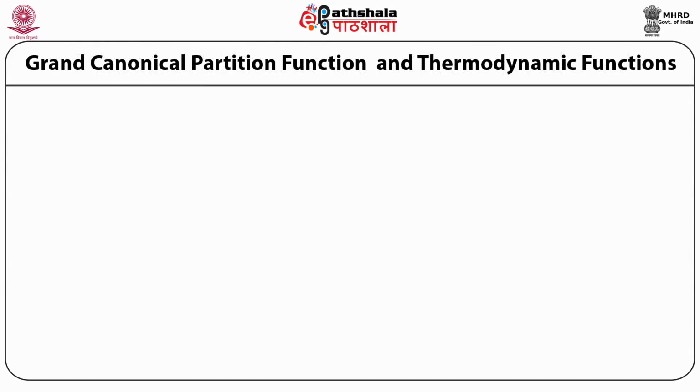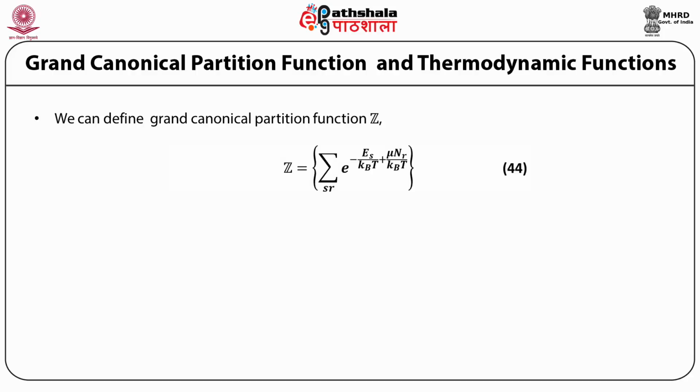Grand canonical partition function and thermodynamic functions. We can define the grand canonical partition function Z as equal to the summation over S, R of e raised to the power minus Es upon kBT plus mu times Nr upon kBT.